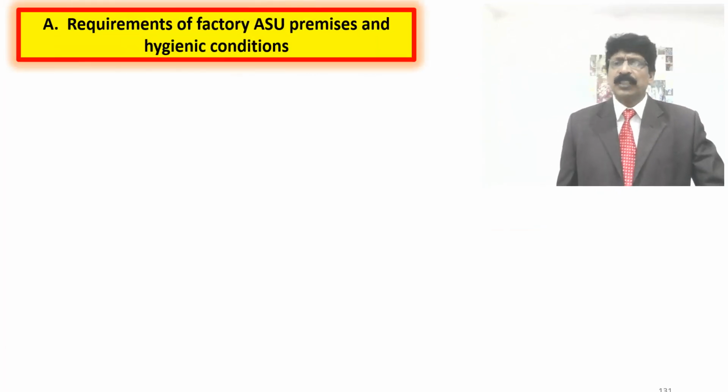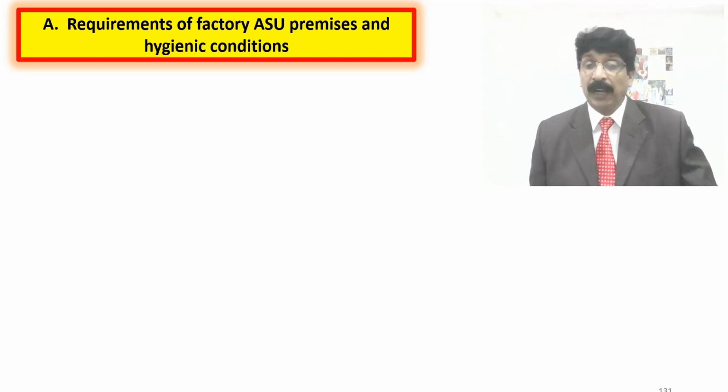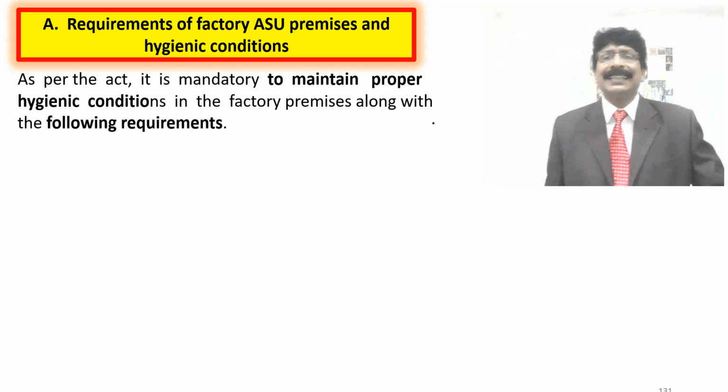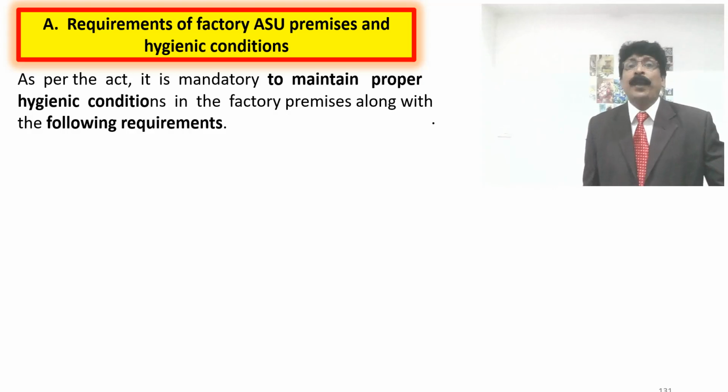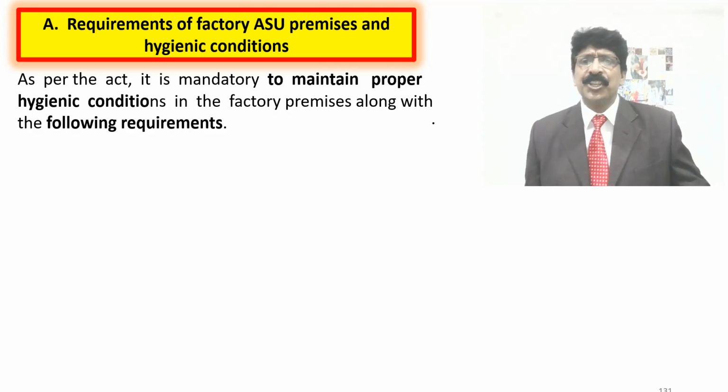First one, A: Regulatory requirements of Ayurveda, Siddha, Unani factory premises and hygienic conditions. As per the Act, it is mandatory to maintain proper hygienic conditions in the factory premises along with the following requirements.